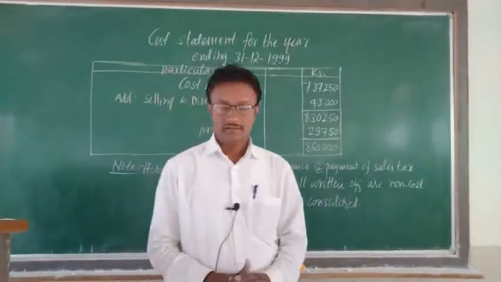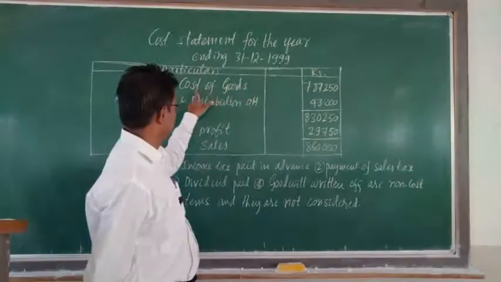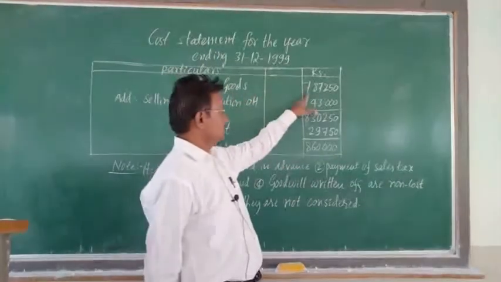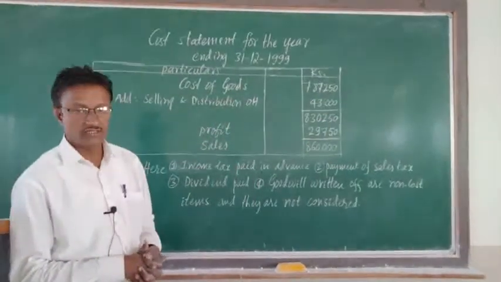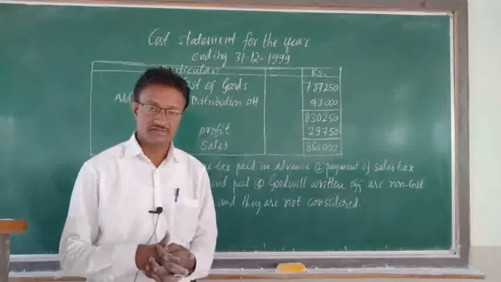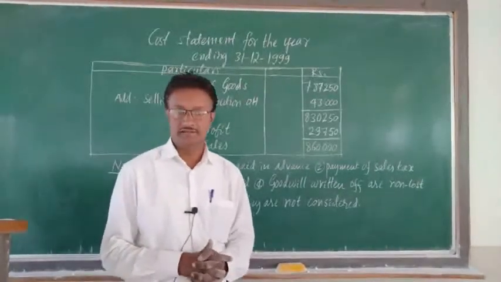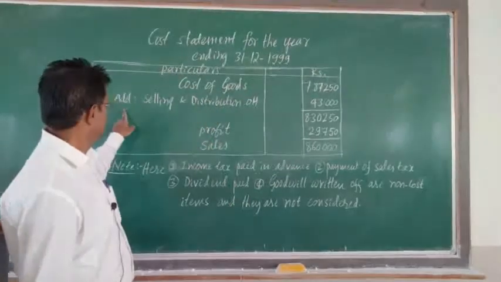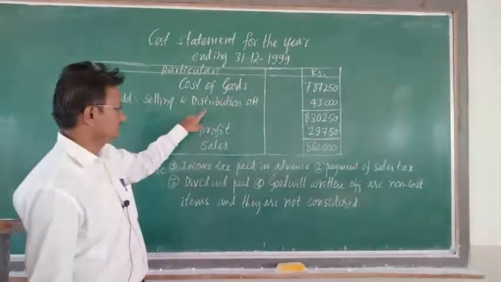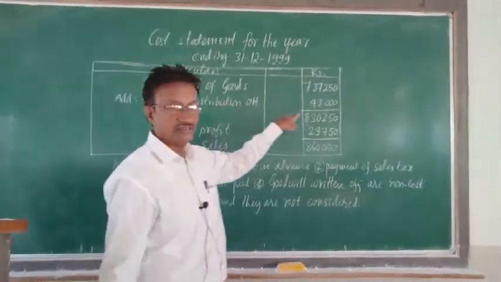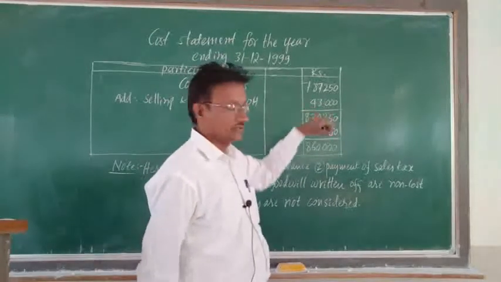Here, cost of goods sold as calculated is 7,87,250, and to this cost, lastly we have to add selling and distribution overhead. So write as add selling and distribution overhead. It is given in the problem, that is 43,000.